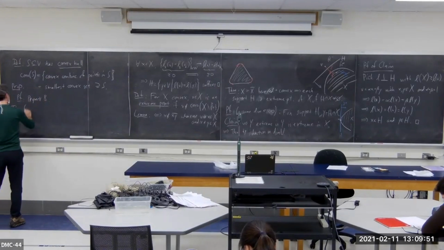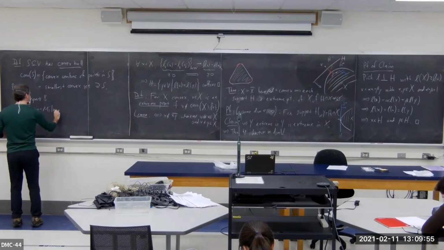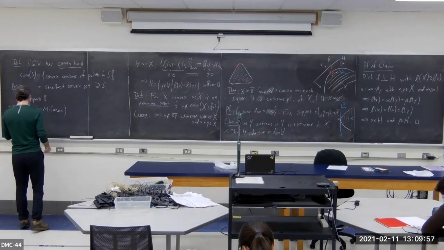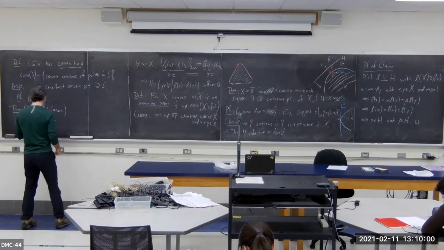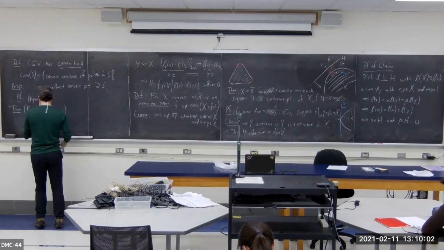Okay, this is the last thing we want to say about convex sets. This is called the Krein-Milman theorem. It holds in infinite dimension, but we're only going to prove it for finite dimension.